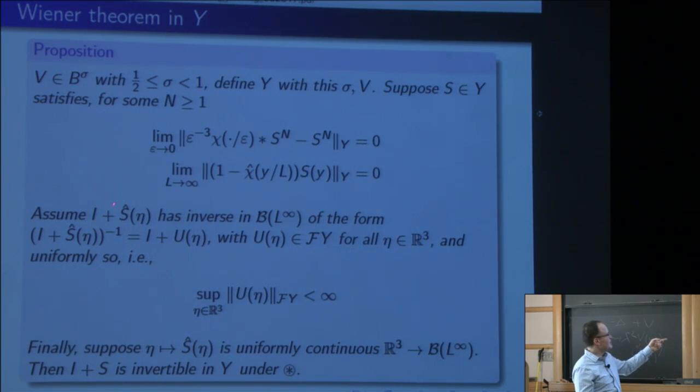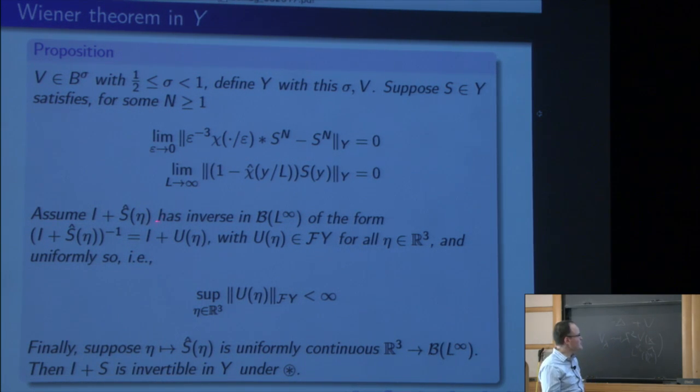And then assume that in the bounded operators on L infinity, you can invert the Fourier version of this, right? So you want to invert 1 plus S. So imagine that you can do this just like in Wiener's condition. And where do you invert this? This has to be pointwise in eta, just like in the Wiener algebra on the circle, pointwise. You have to be able to divide by it.